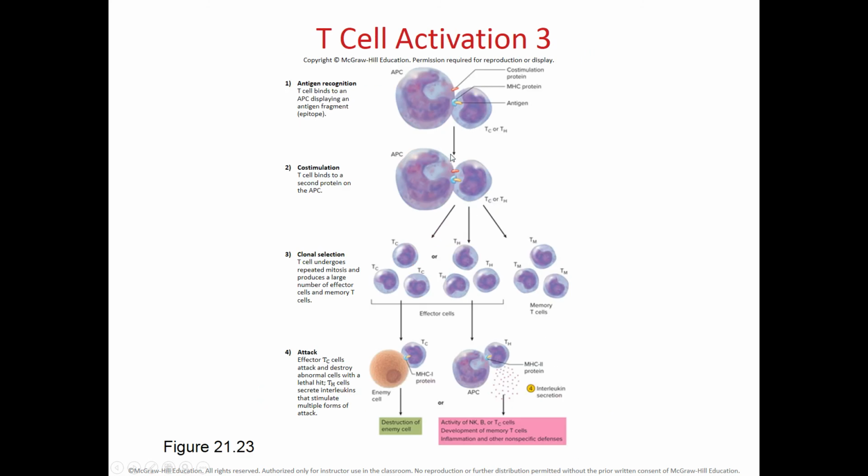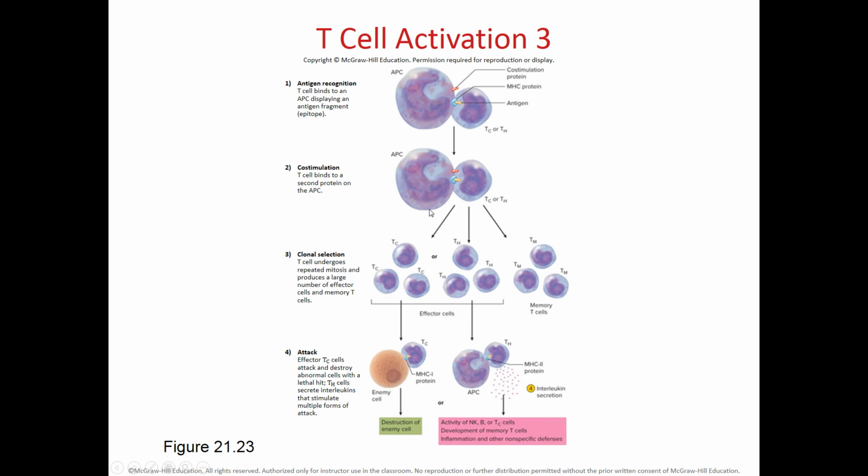And then this is how the T cells get activated. So you have your antigen presenting cell. Most of the time it's a macrophage, but it can be a B lymphocyte. So your T cell, your cytotoxic T cell, will bind this epitope, and then it will release these cytokines, and it will undergo clonal expansion.